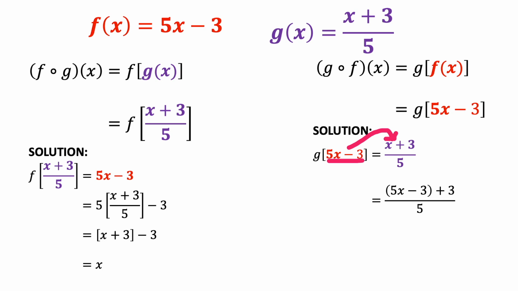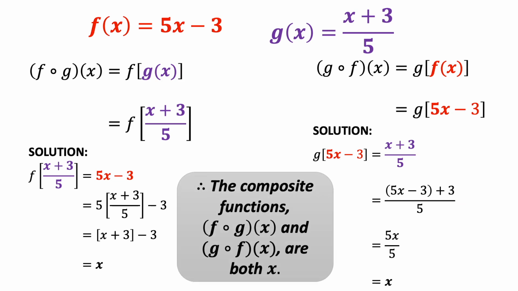Now, the simplification of our equation requires us to add negative 3 and positive 3, which will give us 0. Therefore, we will have 5x over 5. Simplifying 5x over 5 will give us x. Therefore, g circle f is equal to x.